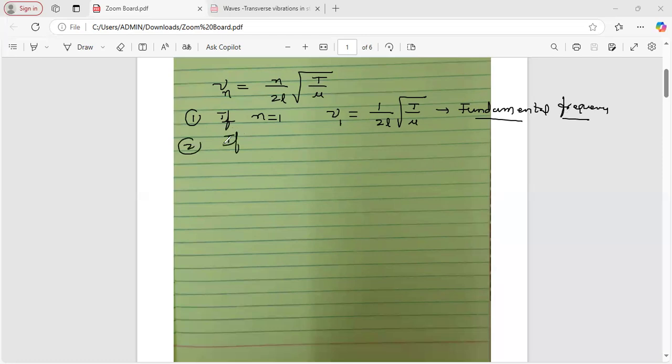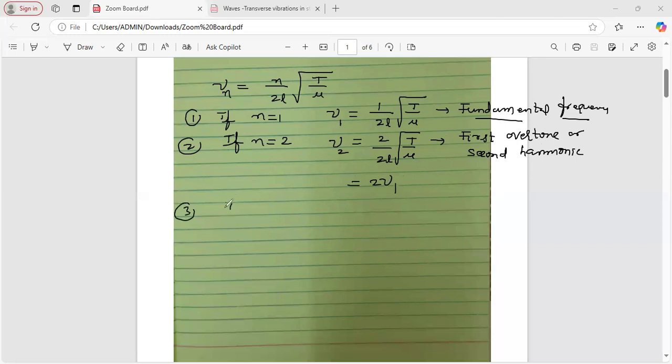Next, if n is equal to 2, the string is vibrating with two loops, and the corresponding frequency is 2 by 2L square root of T by mu. This is called the first overtone or second harmonic. This is 2 times the fundamental frequency, that is 2 nu 1.